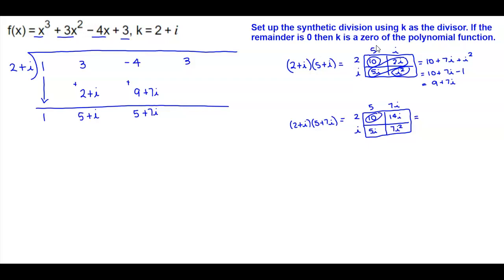So we get 10 plus 14i plus 5i is 19i, and then that's plus 7i squared.